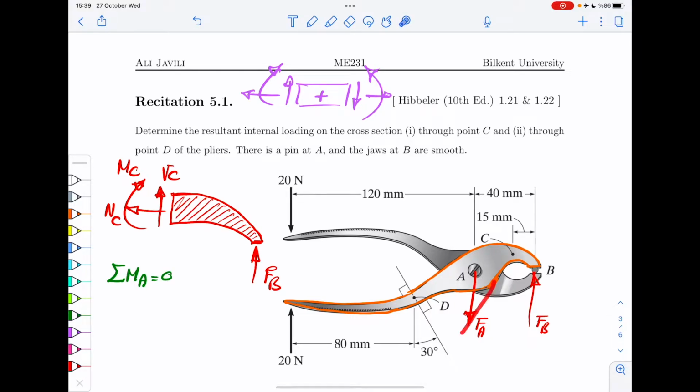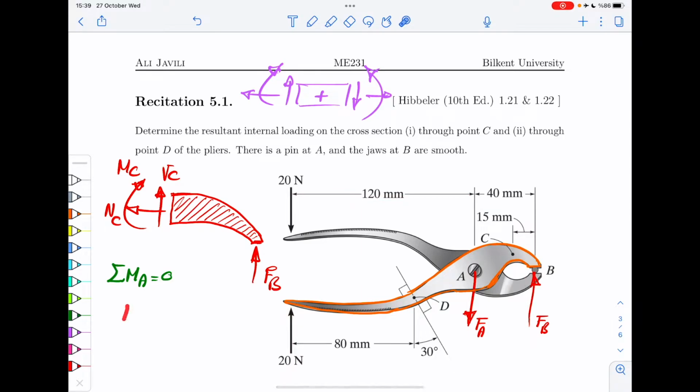If you do that, then you get no moment from this. Then you only get a moment from FB that is multiplied by the distance here, 40 millimeters. And that must be equal to the moment that you get by the force 20 that is multiplied by the distance here, 120. Okay?